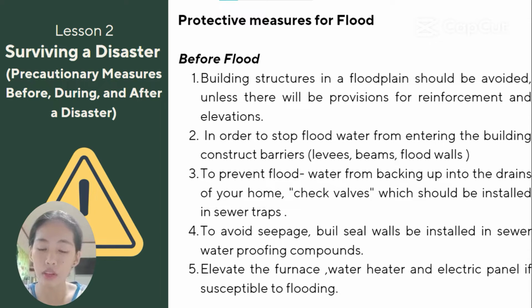Measures for a flood. Before a flood, there are suggestions to prepare. One, building structures in a floodplain should be avoided unless there will be provisions for reinforcement and elevation. Two, in order to stop flood water from entering a building, construct barriers. Three, to prevent flood water from backing up in the drain of your home, check valves should be installed in sewer traps.